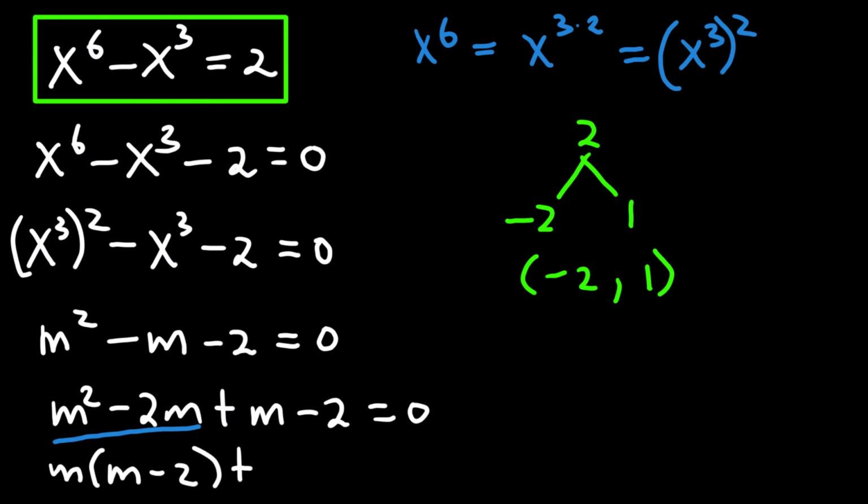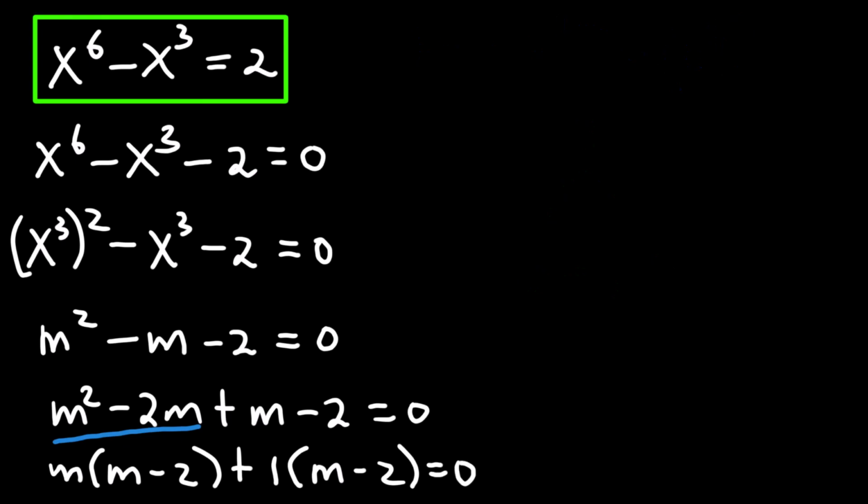Now for the second part, let's pull out +1, and we shall remain with m minus 2, and this will be equal to 0. And once again, m minus 2 is a common factor. If we pull it out, we shall have m minus 2 into, for the first part we shall remain with m, and for the second part we shall remain with 1, and this is equal to 0.